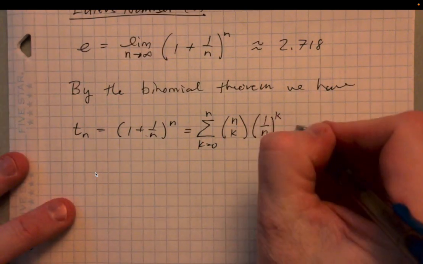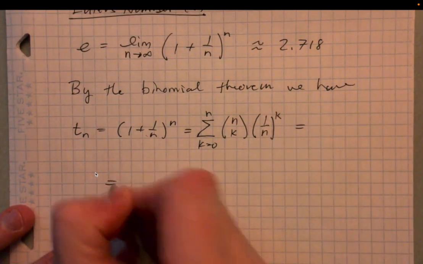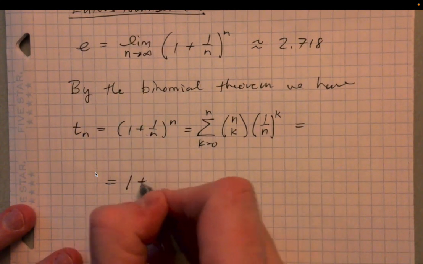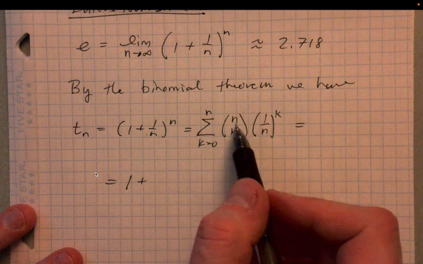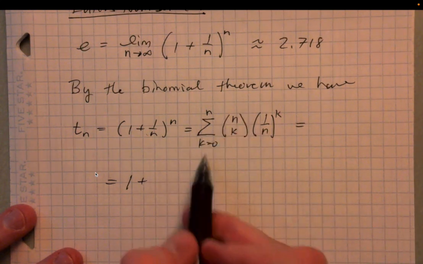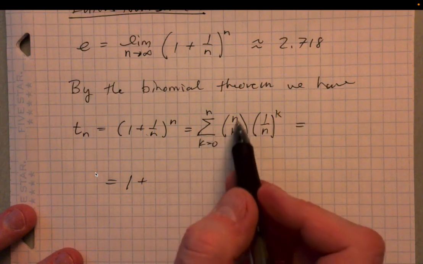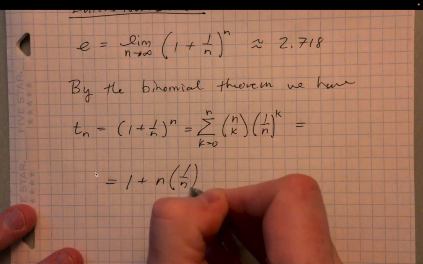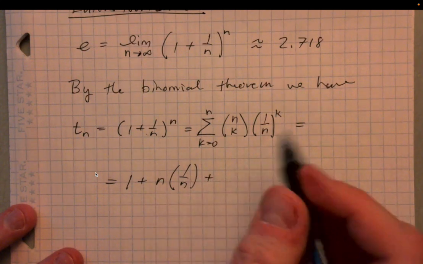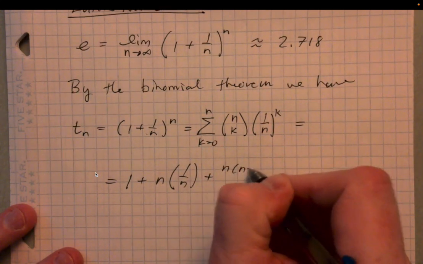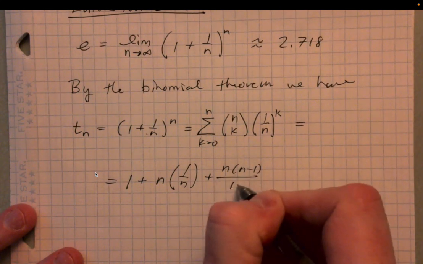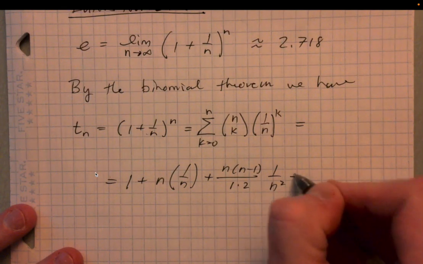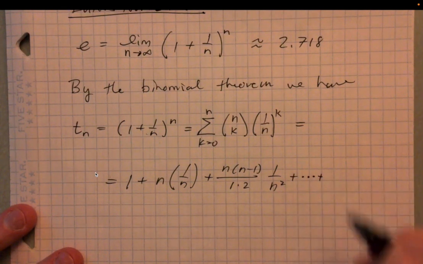And so let's write this thing out. Take a second and make sure you can expand this. So it'd be 1 plus, and then n choose 0 is just 1, and n choose 1 would be n times 1 over n to the first power, and then the second term would be n times n minus 1 over 1 times 2, times 1 over n squared, plus, and you could go on like this, right?